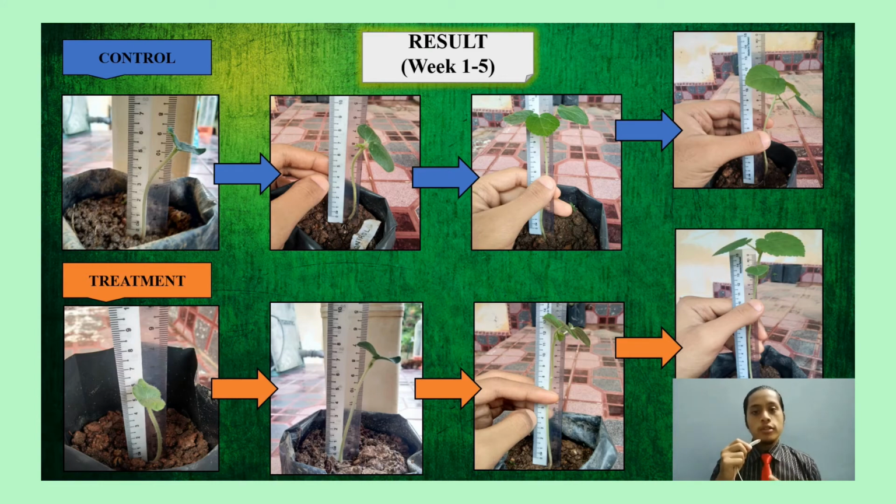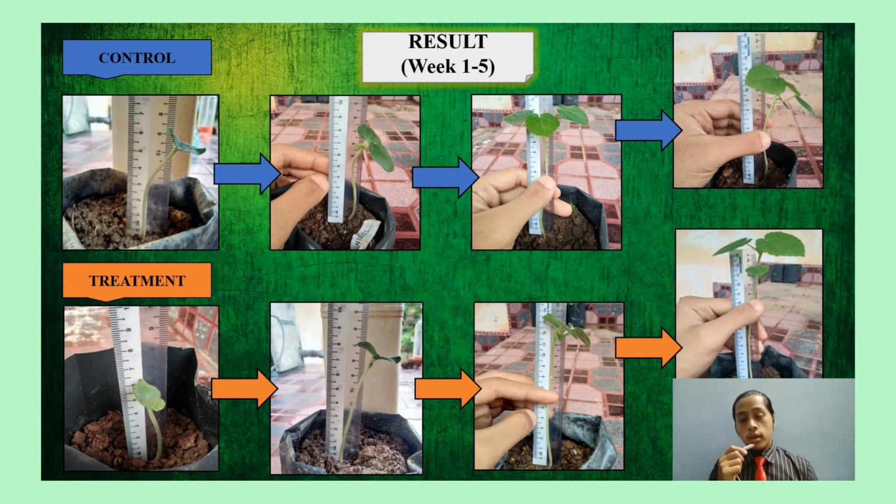For the first and second week, their growth rates are similar, increasing from 0.5 cm to 6 cm. But there is a slight difference in week 3, when the okra plant treated by Gibberellin is higher than the control, which is 7.5 cm compared to the control at 7.0 cm.